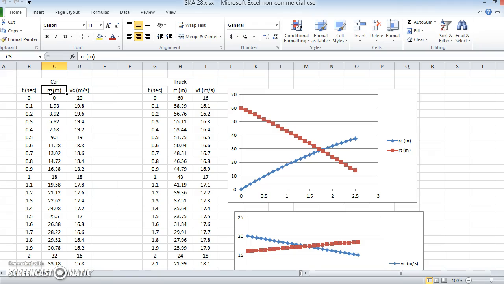The equation for the rate which I used was r equals vt plus at squared, and I wanted to keep it in terms of r and t, so I plugged in the other data points that I knew.